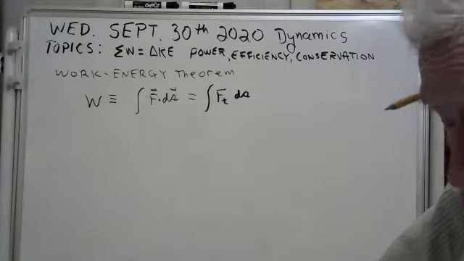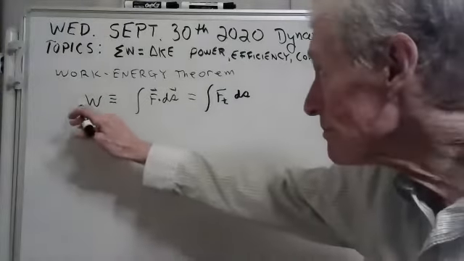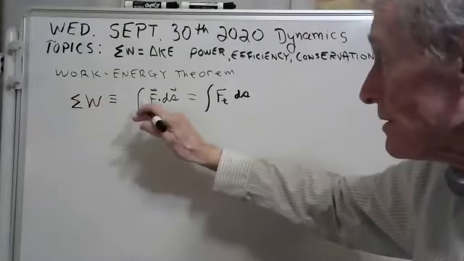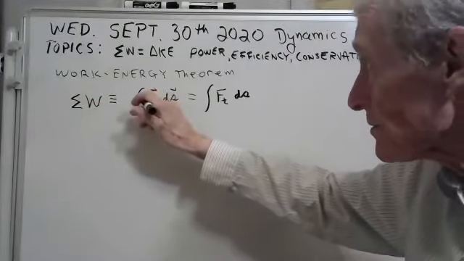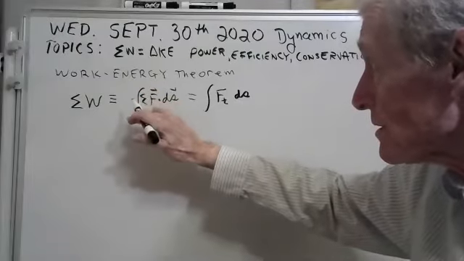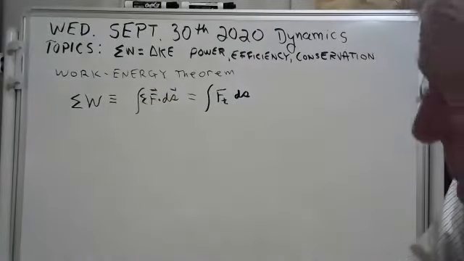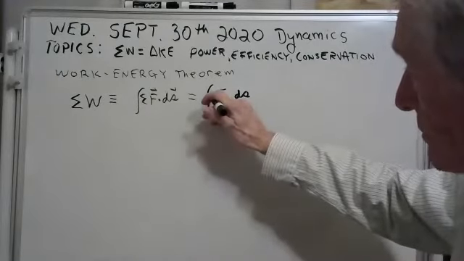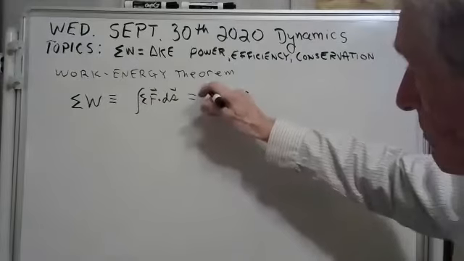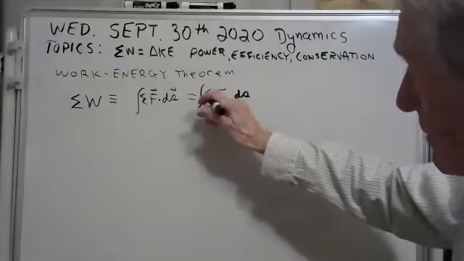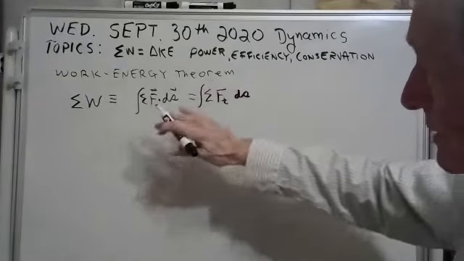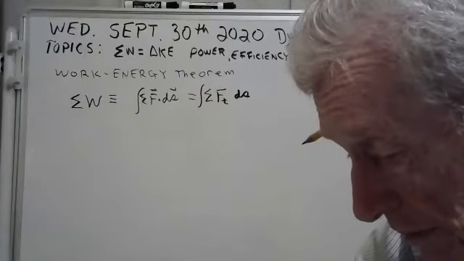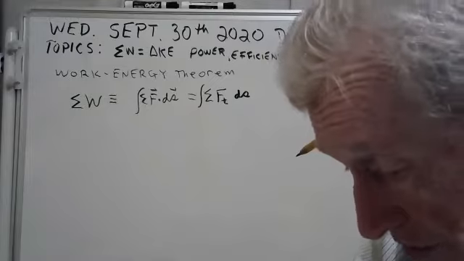If you wanted the total work, we'll put a sigma sign here, then you would have to take the total of all the forces, but you only need the total. Oops, not much room there. Let me scoot that over. You don't need the components that are not in the tangential direction.